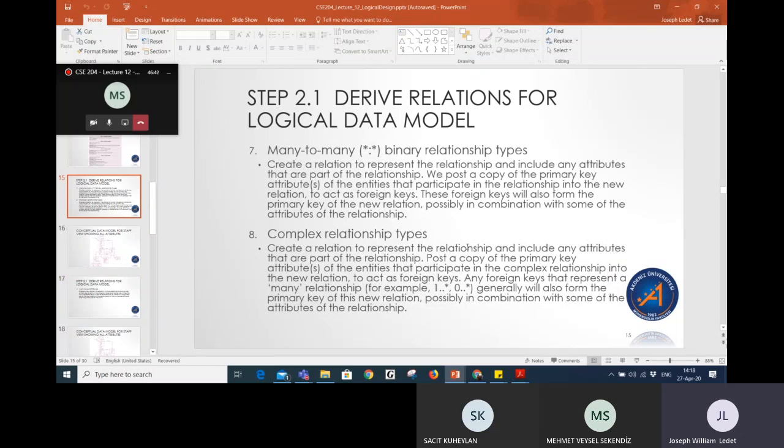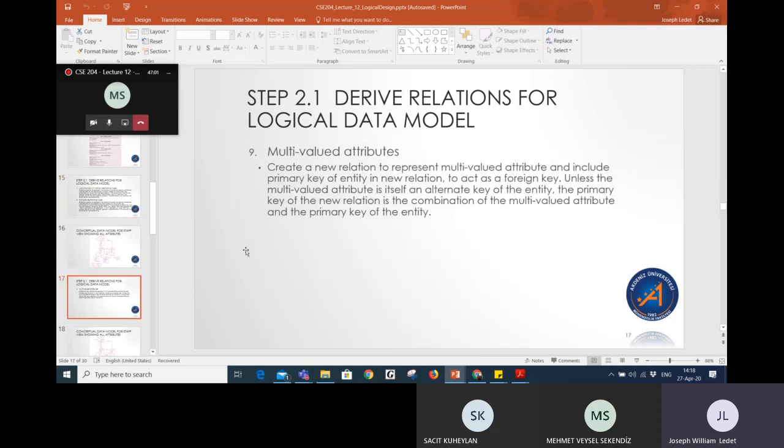Read that, understand that. It kind of works like a many-to-many relationship, but it's really kind of a rare thing to have this, and so I'm not going to go into great detail for that. Okay, but I do want to talk about the multi-valued attribute.